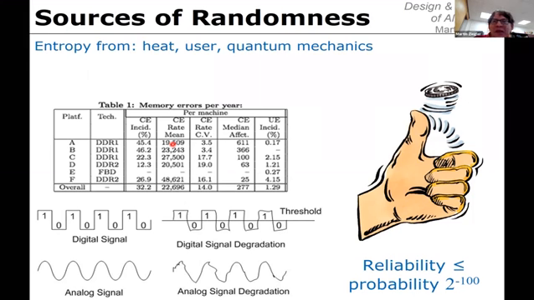The next source of input is user input, right? So the user, I'm afraid to say, that's you. The user behaves randomly in a sense. So for instance, when I move the mouse, the way I move the mouse is unpredictable. If I press keys, then the delay between the keys is kind of unpredictable, maybe less predictable than the actual keys pressed.